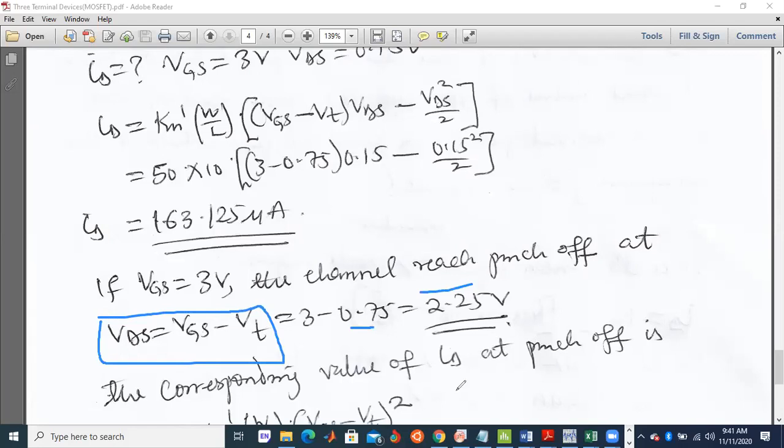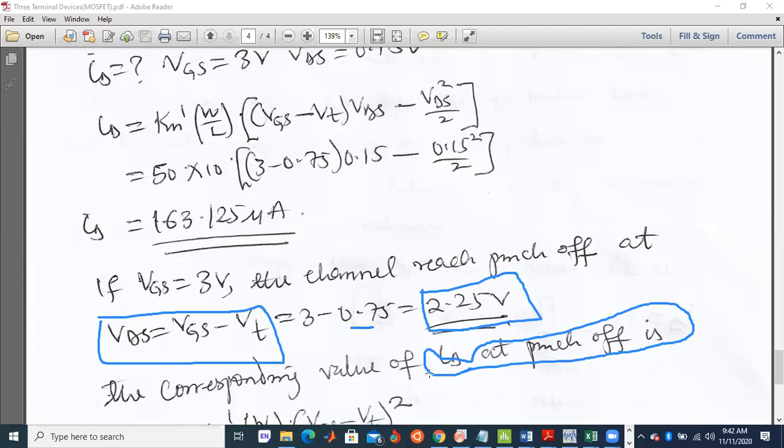Now, they say we should find the corresponding value of ID at pinch off. Here, you have to be very careful before you solve this question. If you want to find the corresponding value of ID at pinch off, which formula are you going to use? For you to know the formula you are going to use, you have to test the condition. Is VDS greater than VGS minus VT?